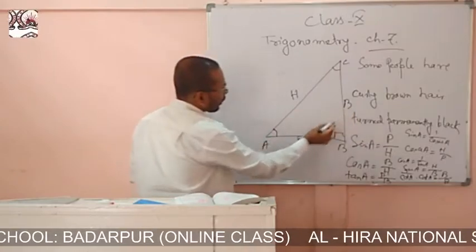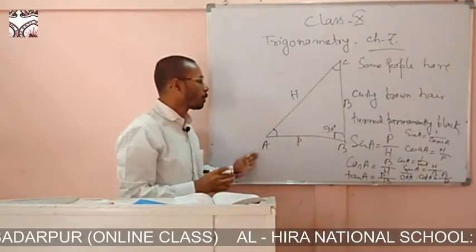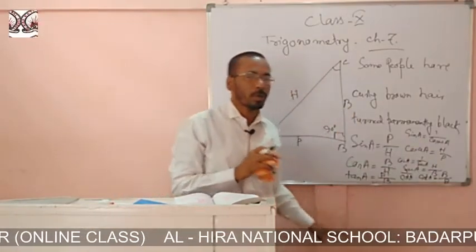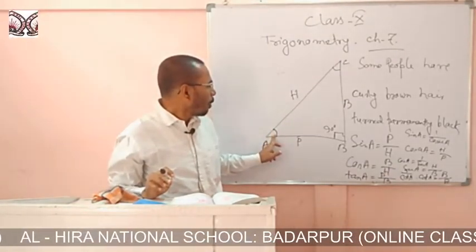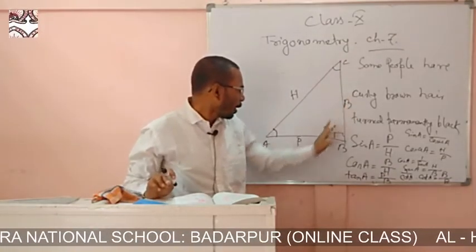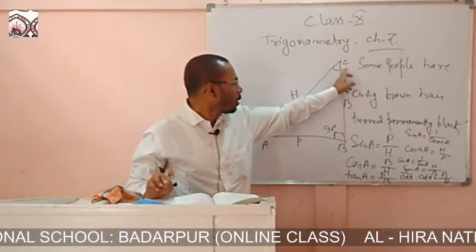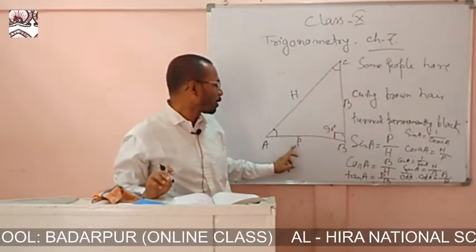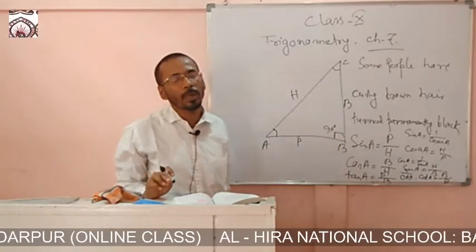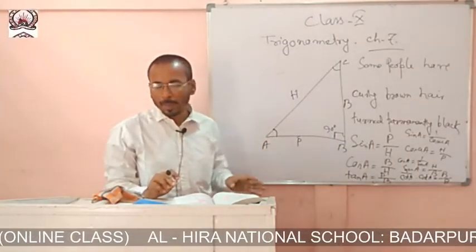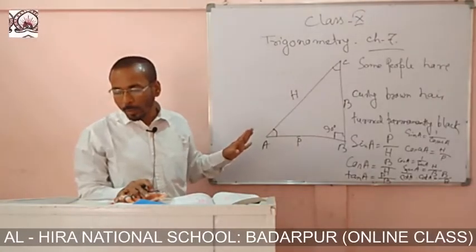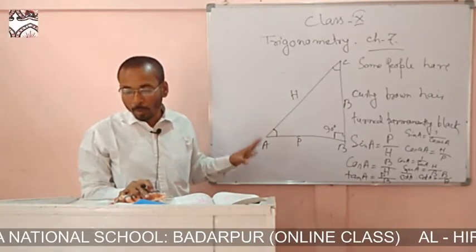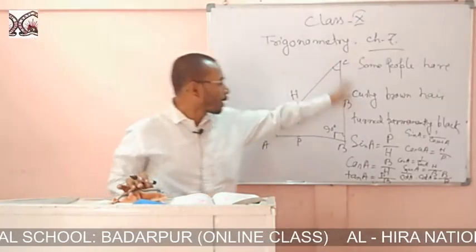Similarly, this will change. Very important is that when you are taking this angle, then perpendicular will be this line, and when we take the other angle, then perpendicular will be this line. The perpendicular and base will interchange. Remembering this, these are the trigonometric ratios of an acute angle of a right angle triangle.